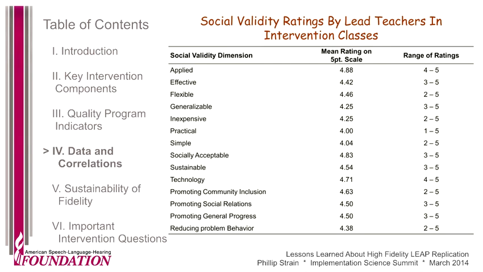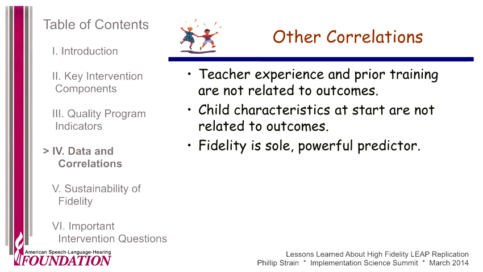Here's some other correlations that you might find interesting. Teacher experience and prior training was not related to outcomes. You might think differently. Child characteristics at start were not related to outcomes. And trust me, we assessed everything imaginable.